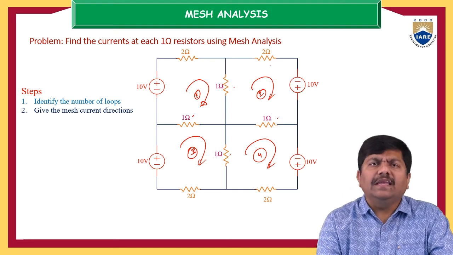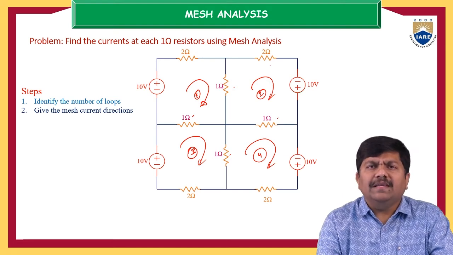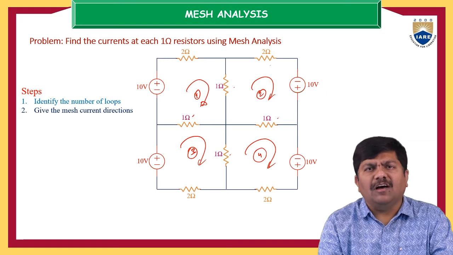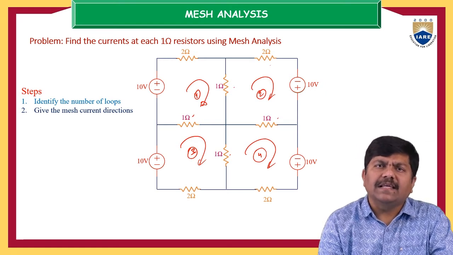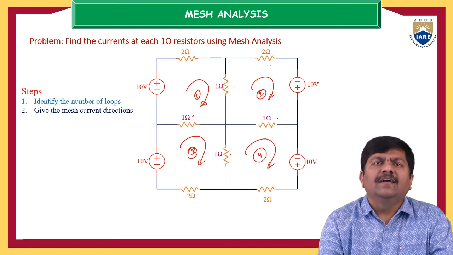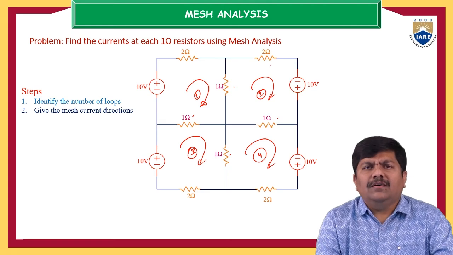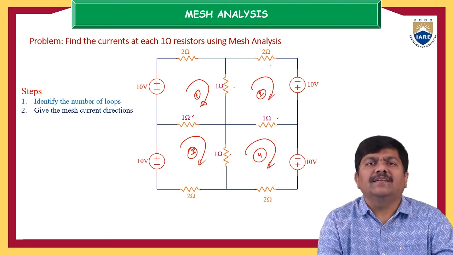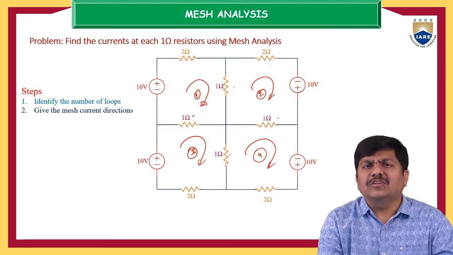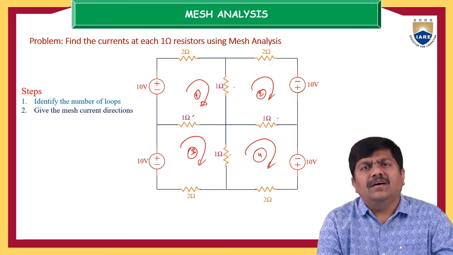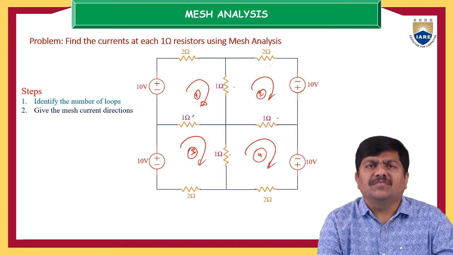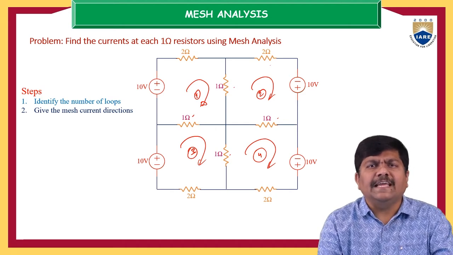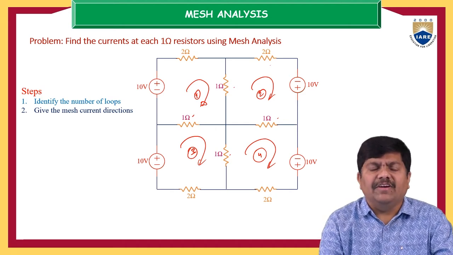The important thing to remember is that the direction of the current is arbitrary: either clockwise or anti-clockwise. My sincere appeal is to choose the direction of the current in such a way that it does not increase the complexity of the circuit. Of course, it doesn't matter in what way we choose the direction. It is very simple: either clockwise or anti-clockwise.